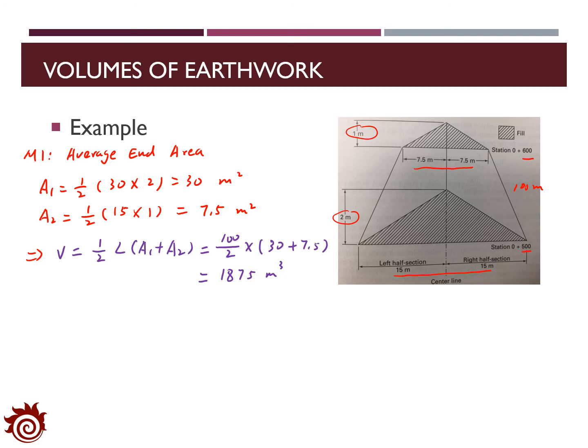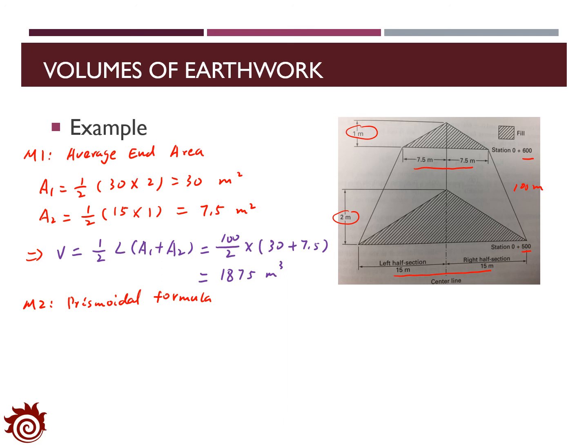If we consider the second method, the prismoidal formula, then we need to find out the cross-section area in the middle point.